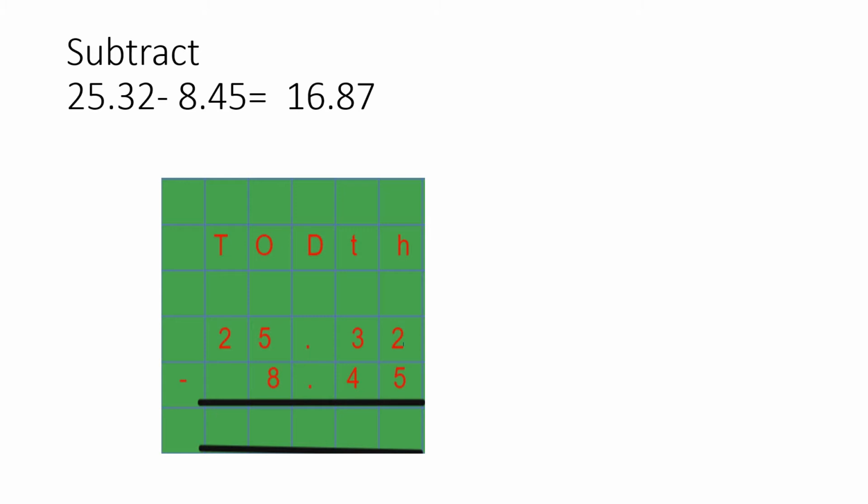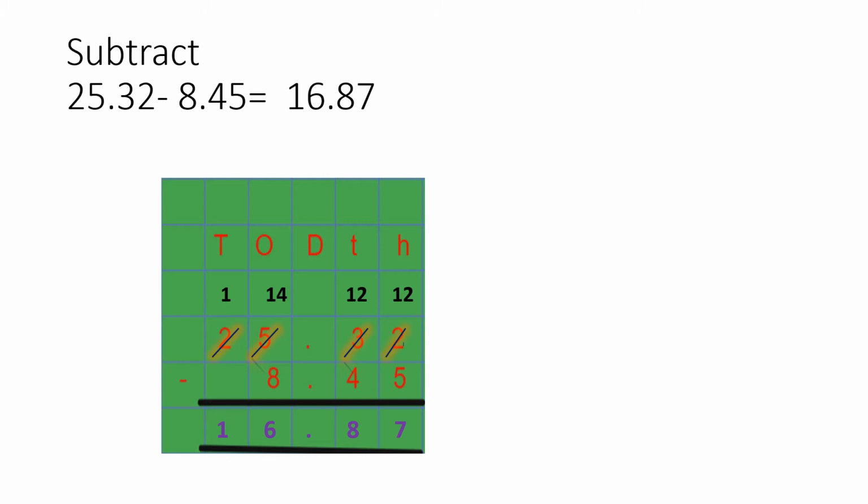From 2 we can't subtract 5, so we will borrow from the 3 tenths. The 3 will become 2 and the 2 will become 12. 12 minus 5 equals 7. Then the tenths: 12 minus 4 equals 8.